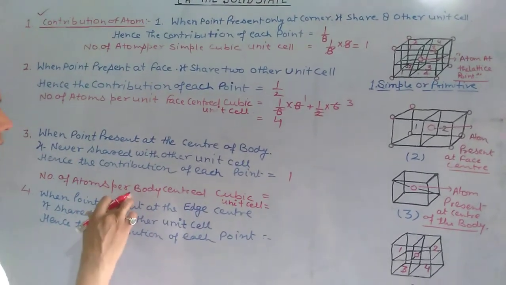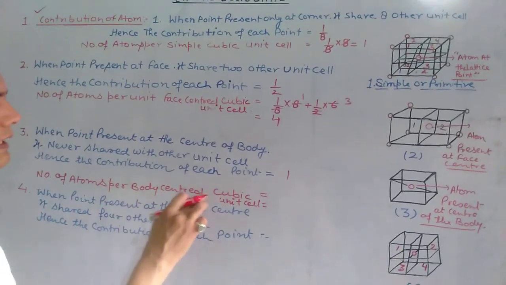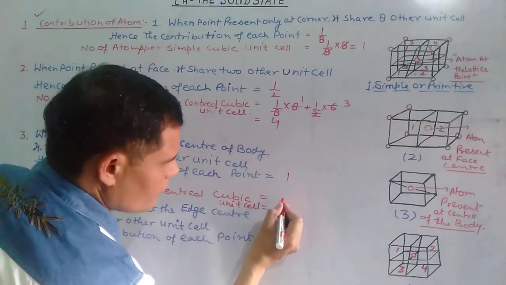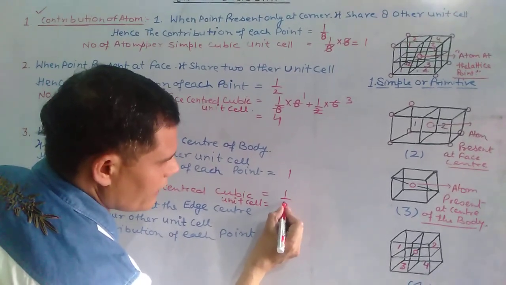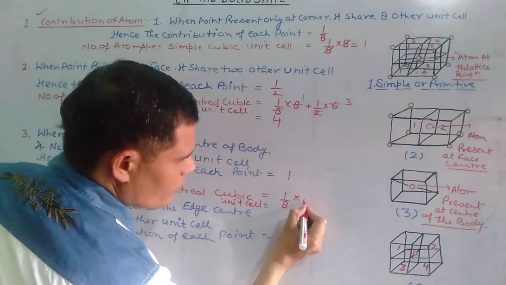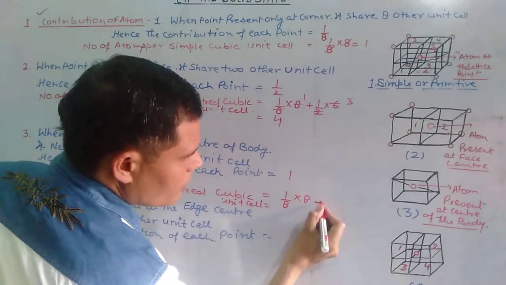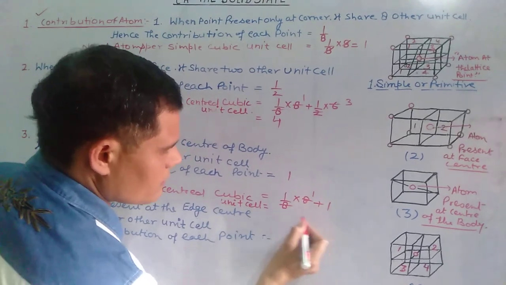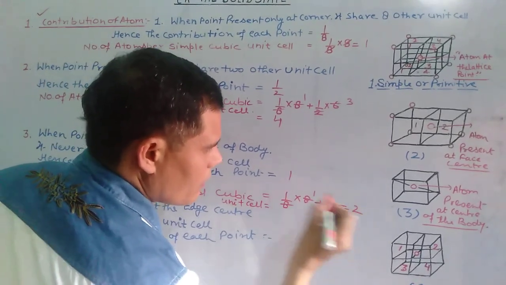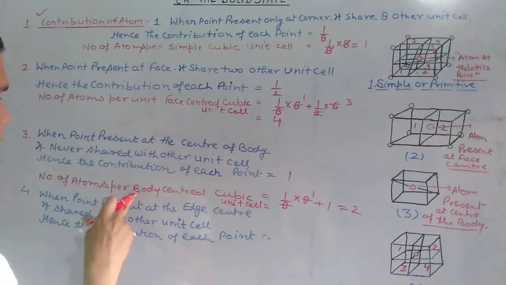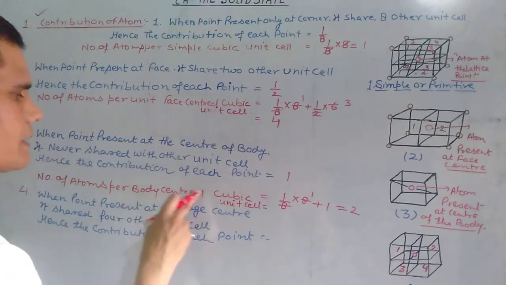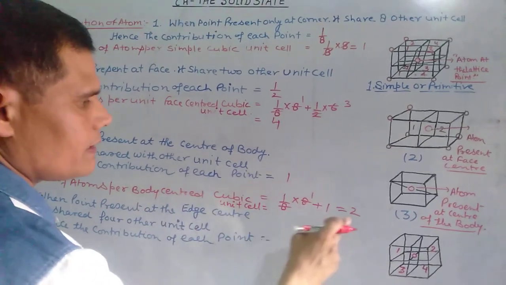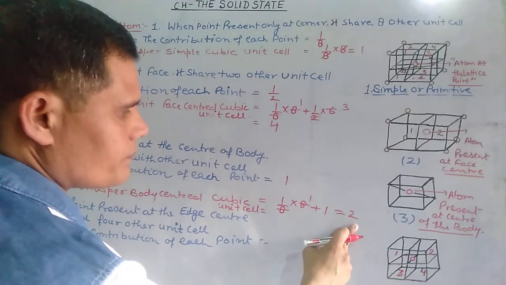The number of atoms per body centered cubic unit cell will be 1 upon 8 into 8 plus 1. It means the number of atoms per body centered cubic unit cell is equal to 2.